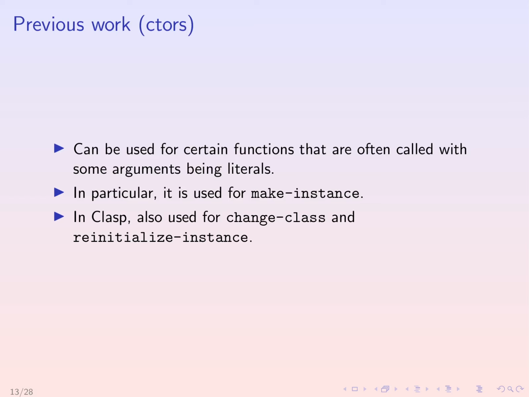In particular, it's used in CMUCL and SBCL for the function make-instance, which is usually called with the constant name of the class. And in the CLASP implementation of Common Lisp, CTORs are also used for functions such as change-class and reinitialize-instance.